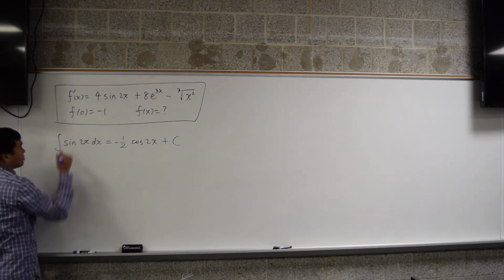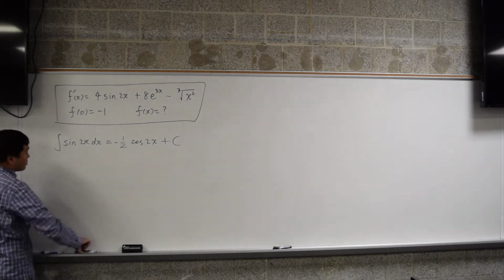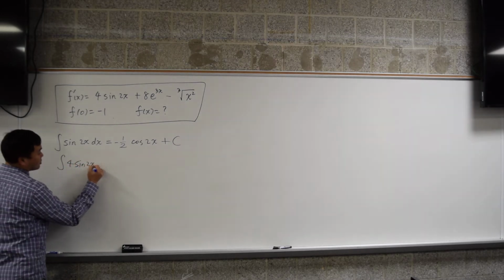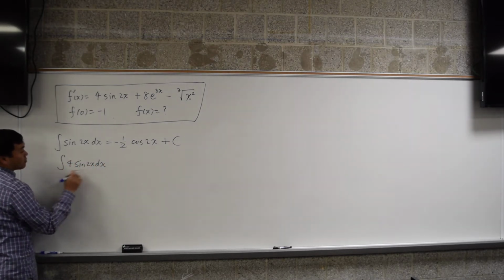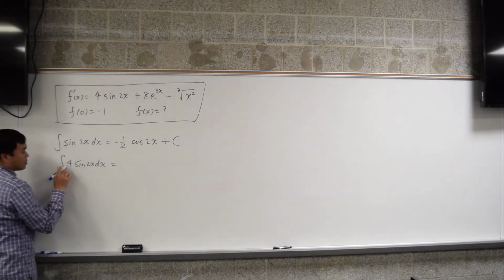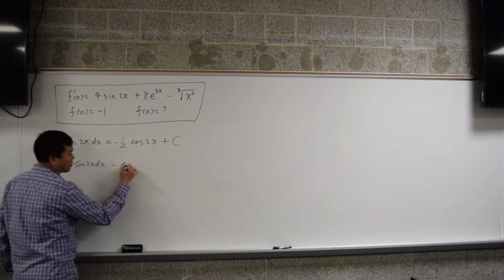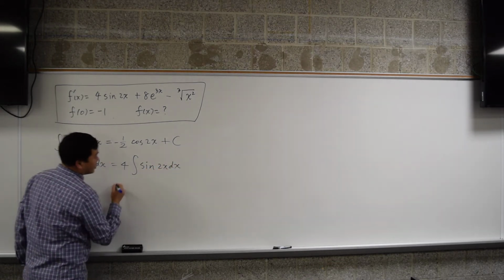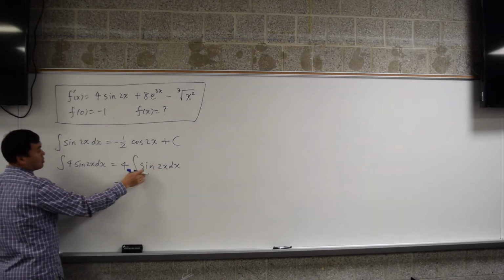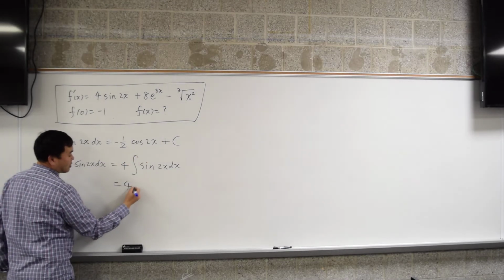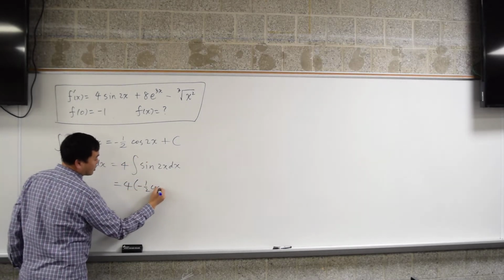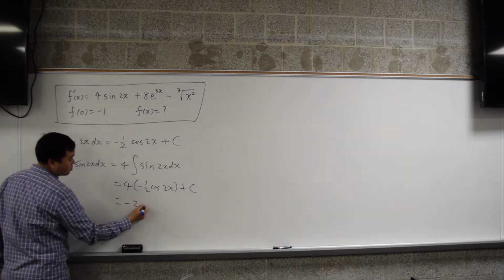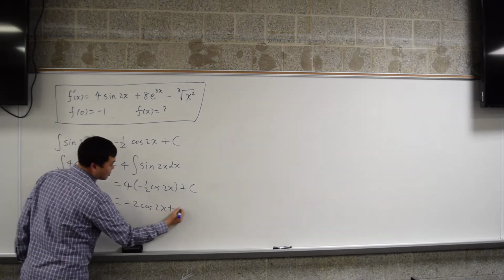And in our situation, what do we have? We have the integral of 4 sine 2x, which means you would be multiplying by 4 of this result. See, if you have any constant, that can be pulled outside the integral. And then sine 2x integrates to this much, so you have to multiply by 4 of this negative 1/2 cosine 2x, and therefore it's equal to negative 2 cosine 2x plus c.